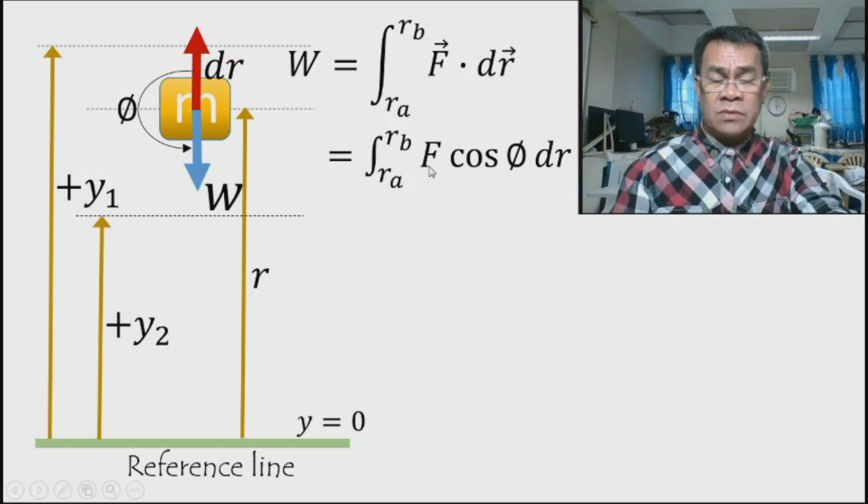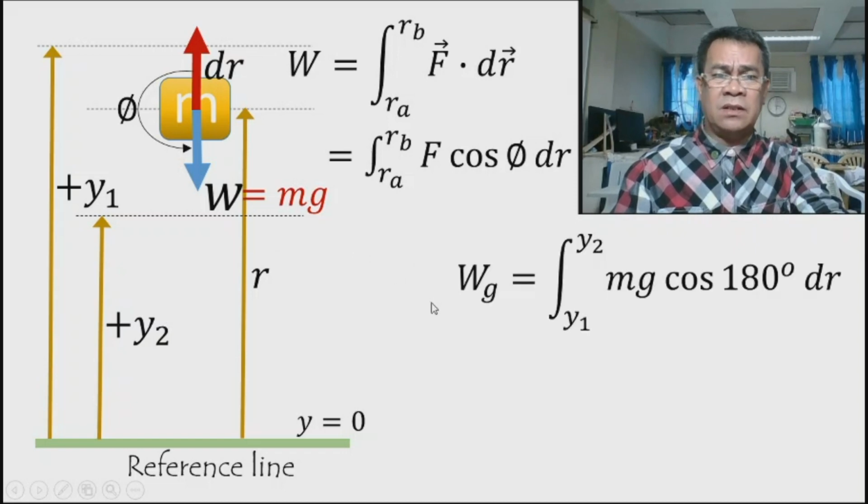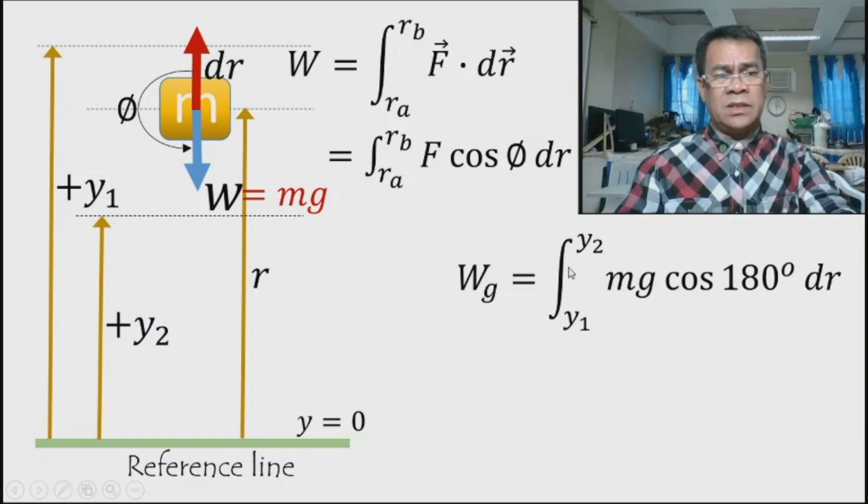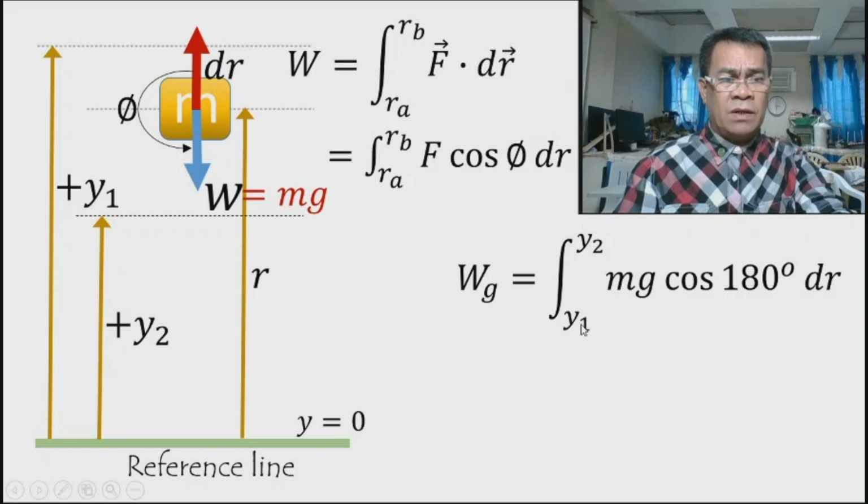And F, remember, is what? This is the weight, and this is mass times gravity. So the weight is mass times gravity. So therefore, we have these results. Okay, we have y1 to y2, and we have this mg cosine 180 degrees.